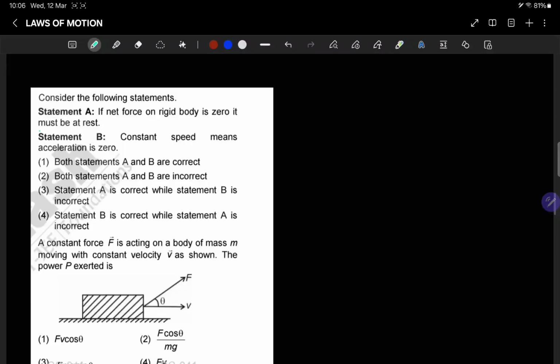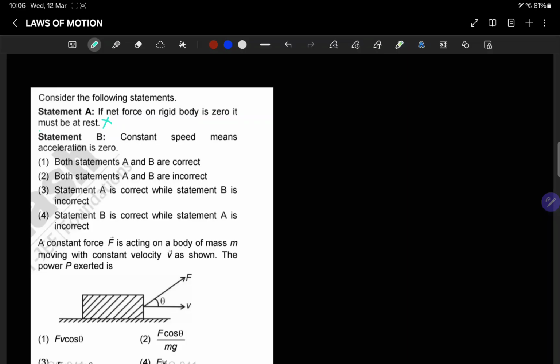Next, consider the following statements. If the net force on a rigid body is 0, it must be at rest. Must be at rest is not correct, students. It may be moving with uniform constant velocity also. So saying it must be at rest is wrong, students.